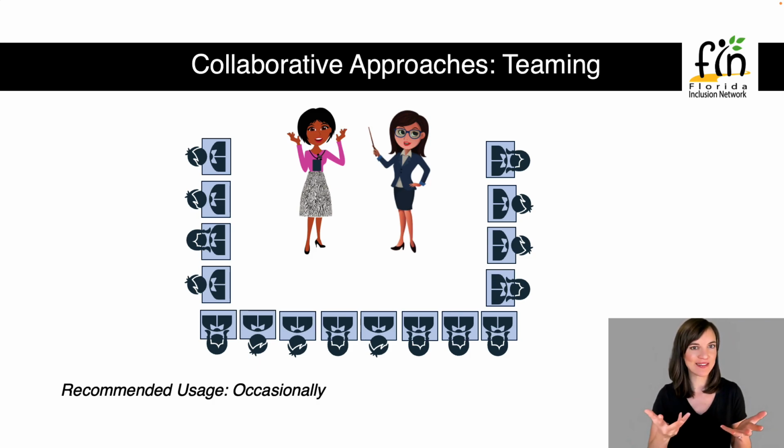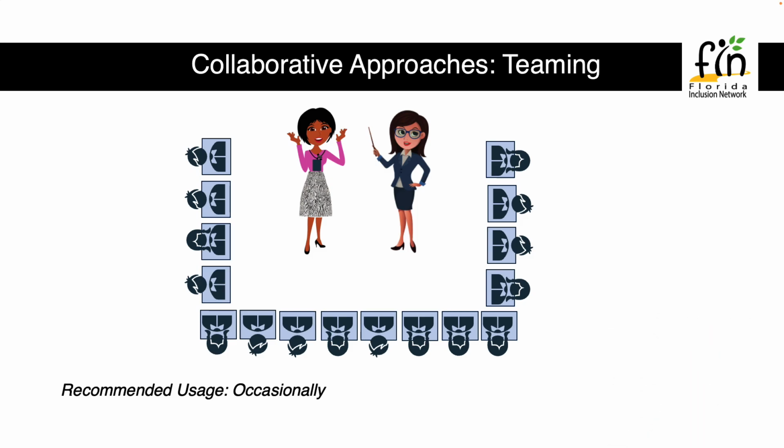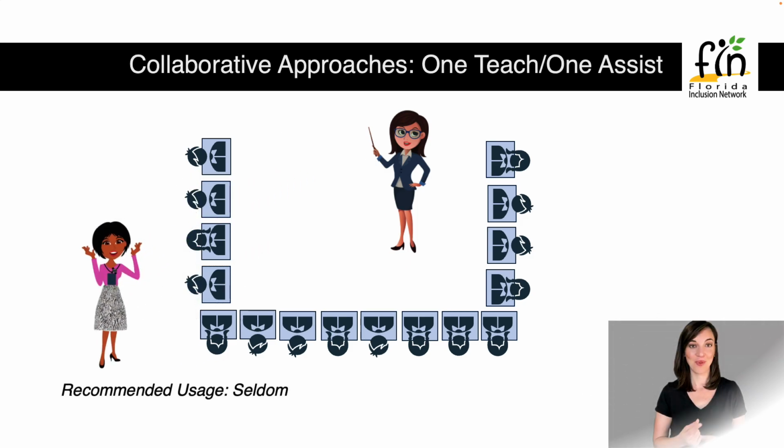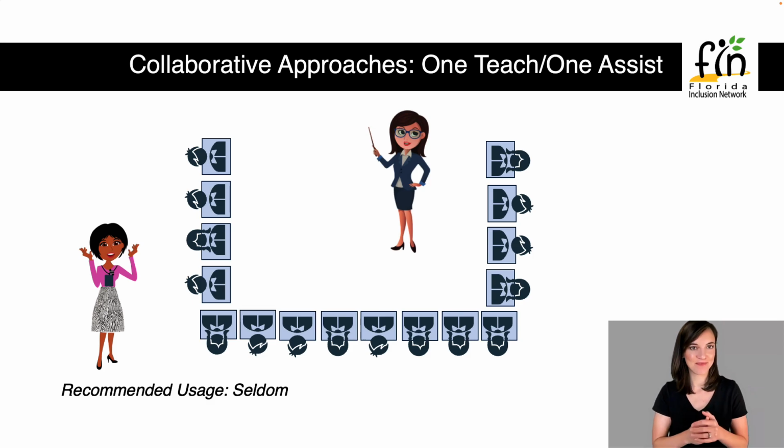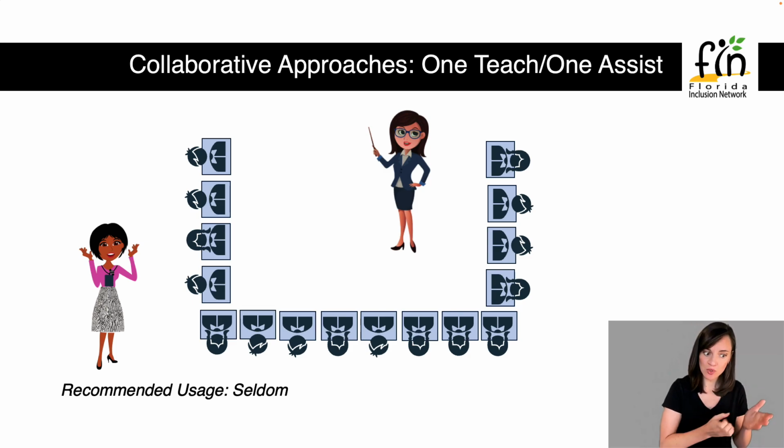Teaming. Two teachers facilitate the lesson, presenting new information to the students. The recommended use of this approach is also occasionally. One teach, one assist. One teacher presents the lesson while one teacher assists students or purposely collects data on skills.